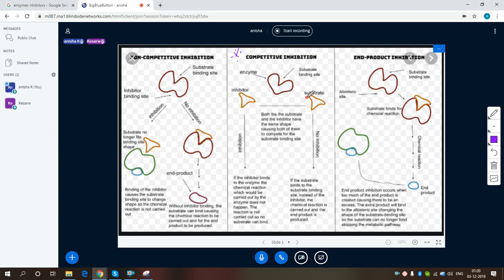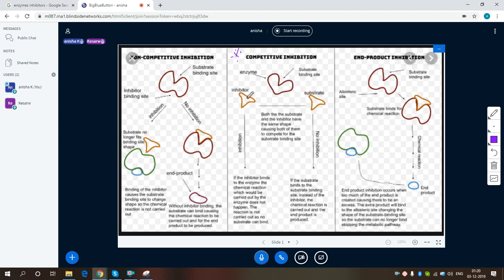Now what if there is a substrate with no inhibition? If the substrate binds to the active site, there should be some chemical reaction happening here, right? And that is the reason why they have a competitive inhibitor. Both of them have the same shape.